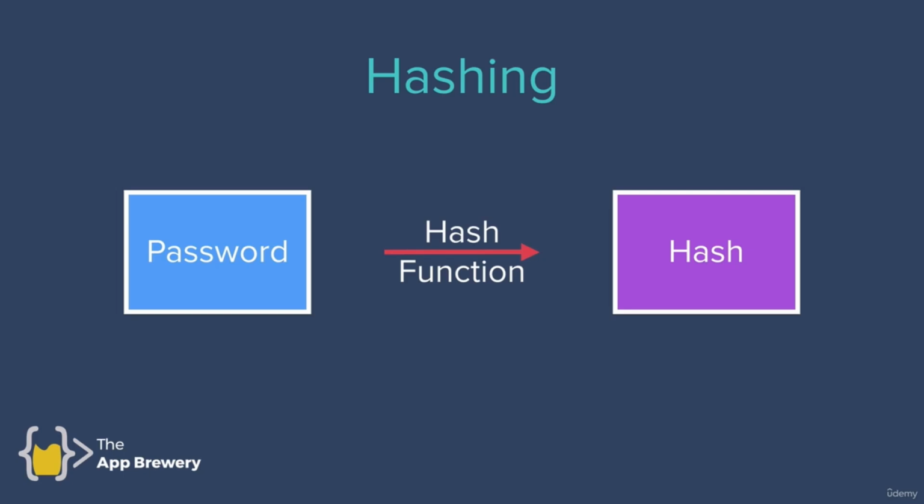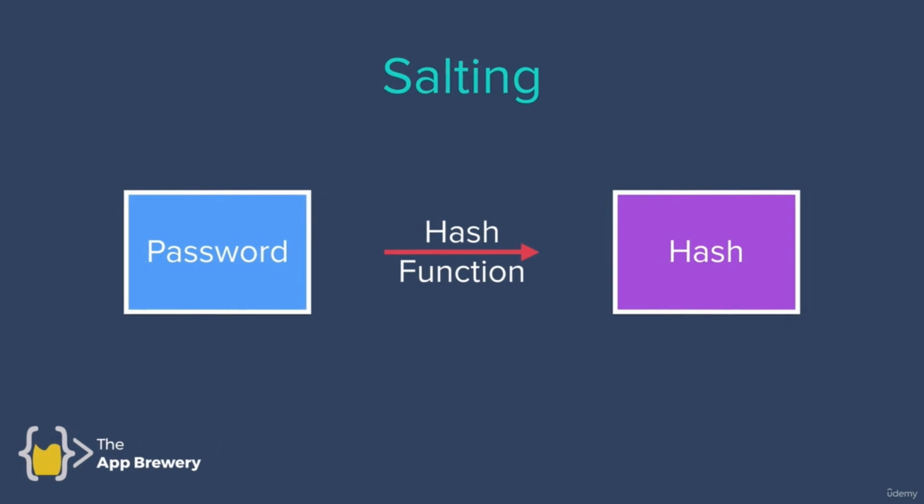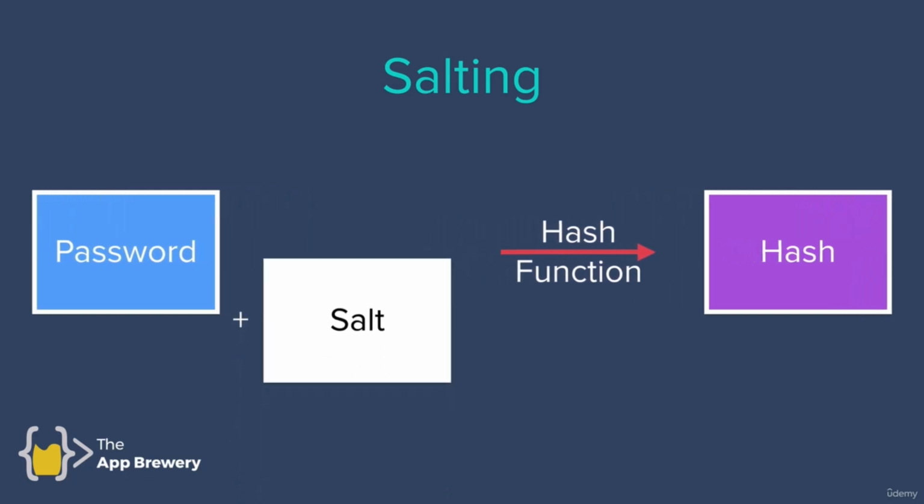And as we saw in the last lesson, passwords that are generated by humans are extremely insecure. They tend to be very short, and they tend to be dictionary words that are extremely easy to look up and create a hash table for. Now, salting takes the hashing a little bit further. In addition to the password, we also generate a random set of characters.